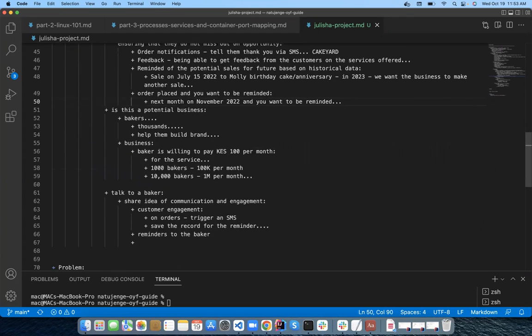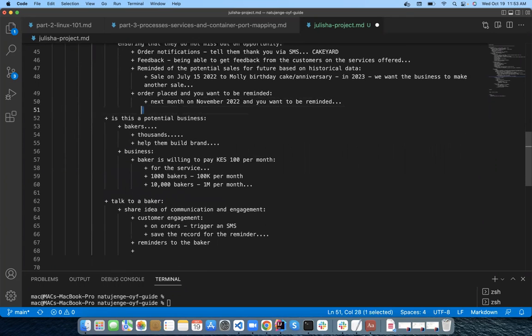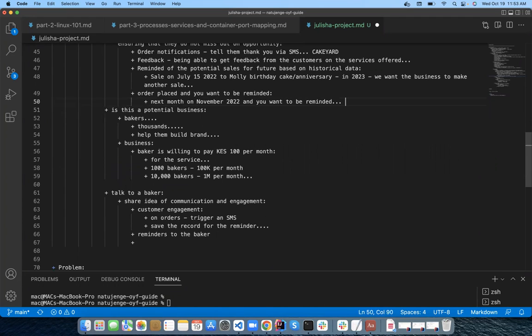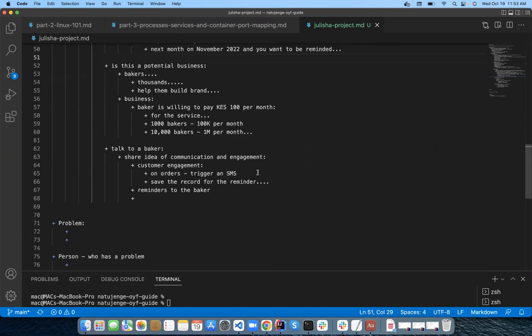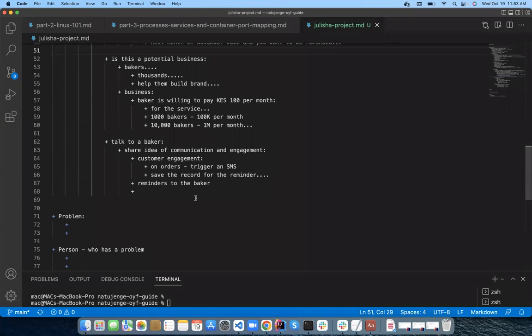So what we'll do with Marlene after this, we can send you just a brief. Now we are just thinking wild, and you don't have to start with a written thing. All you want to do is to dive into the space of that baker and see whether there is anything you can do in this space of communication. Now, talk to a baker, share an idea, communicate, find out whether they're happy to be served, or this challenge, if they were solved, would they be willing to pay?